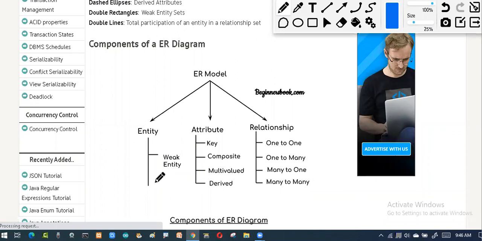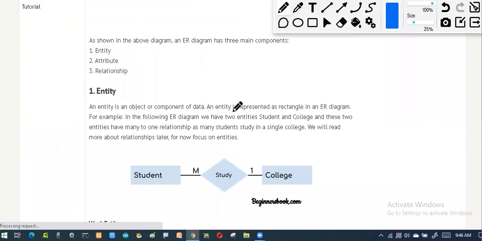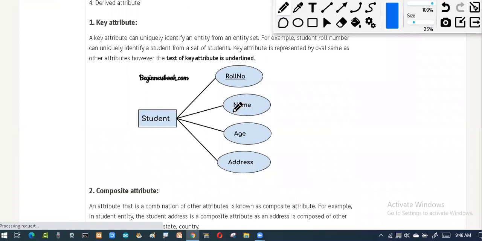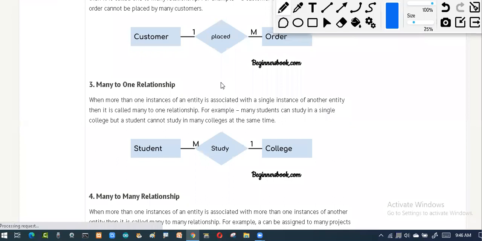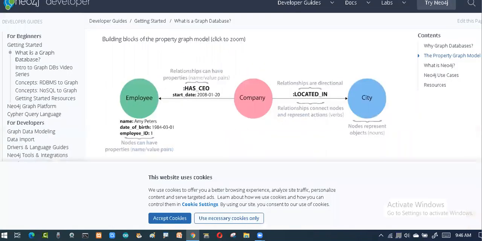Like this, you are going to complete this ER diagram topic. This is one of the biggest questions we always expect. It will always be coming, so you can blindly read this one. Right, then coming to the next one, graph database.